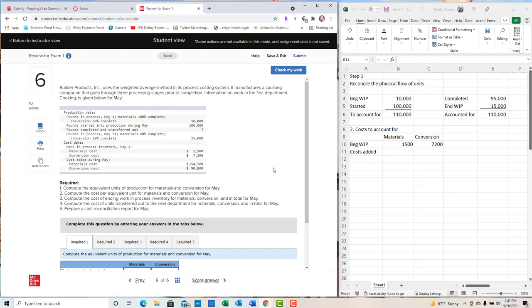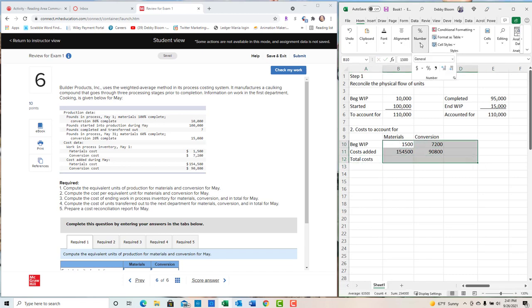Materials costs added during the month are 154,500. Conversion costs added during the month are 90,800. I just added them together for the costs to account for. I'll put the commas in once again so you can see what I'm doing.